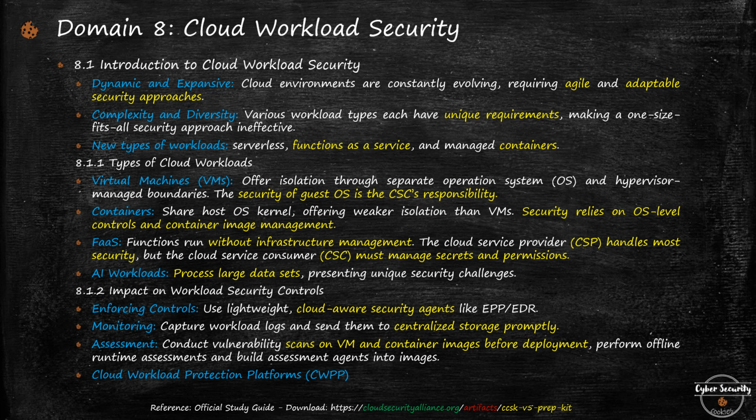So, what controls can you put in place? You can have EPP and EDR. EPP is like anti-malware and host intrusion prevention systems. Then you have file integrity monitoring and application control. EDR is more towards user behavior. You can install agents which are cloud aware.